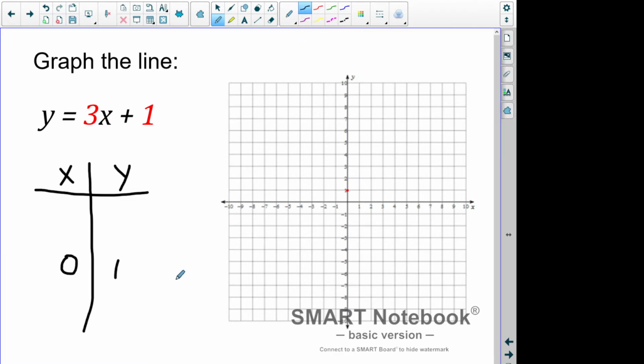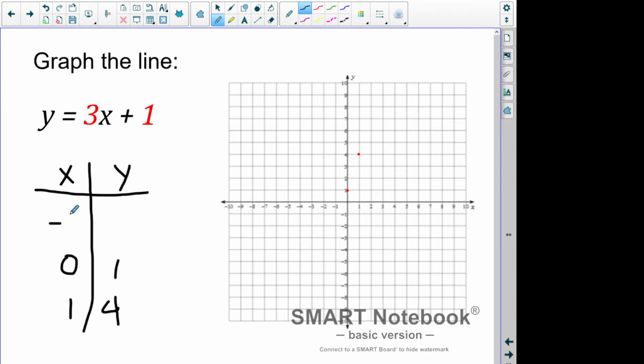Let's do another easy one. If I put 1 in for x, I get 1 times 3 is 3, plus 1 is 4. So I get 1, 4.